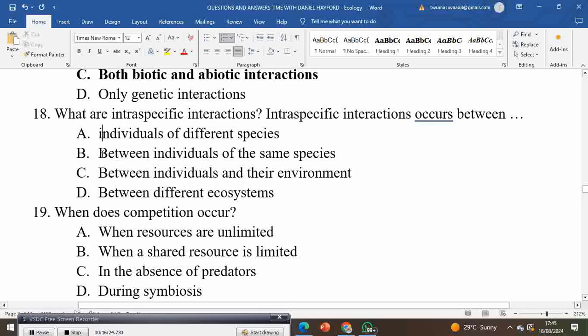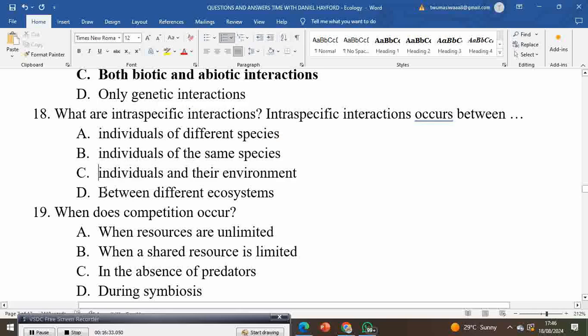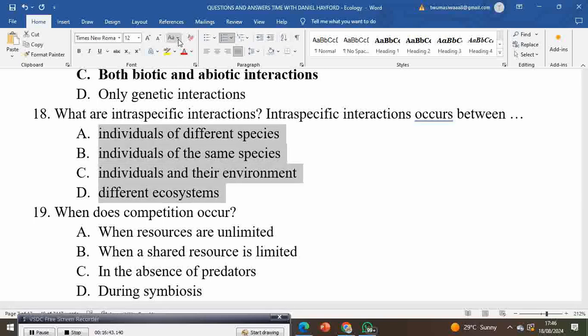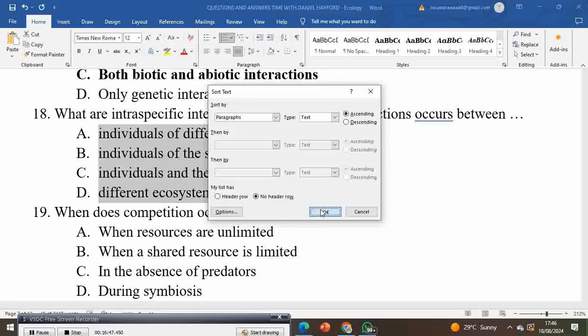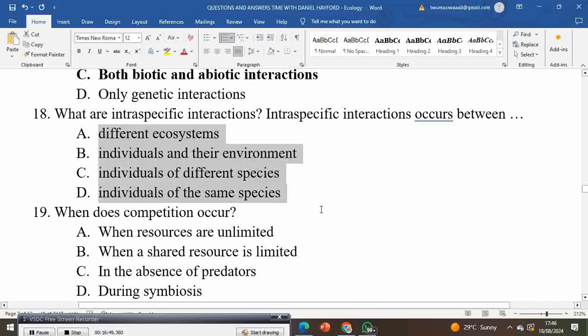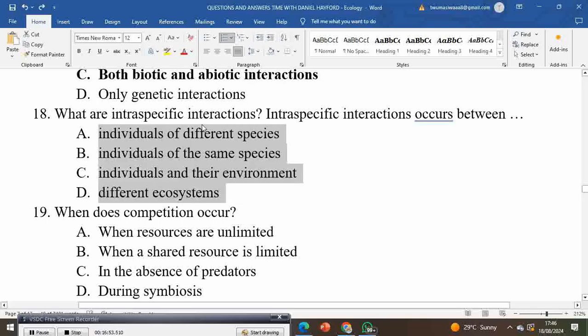We have maintained the individuals, and then we can organize our answer into alphabetical order.